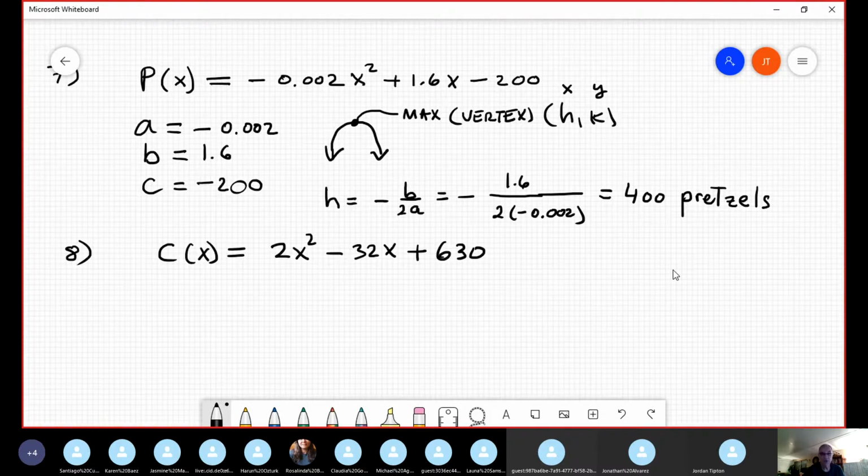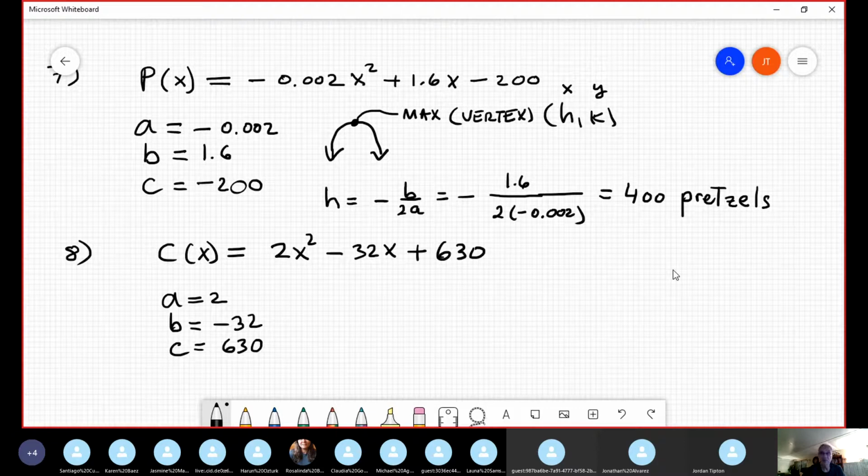Okay, so again we have a function. This is a quadratic function in standard form again. a is 2, b is negative 32, and c is positive 630. But in this case, they want the money.